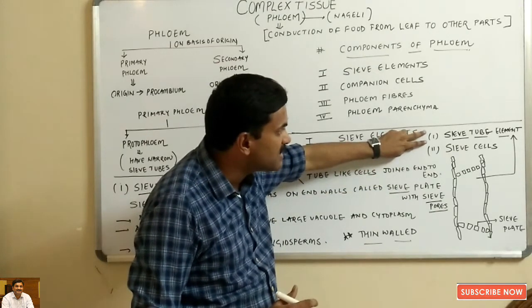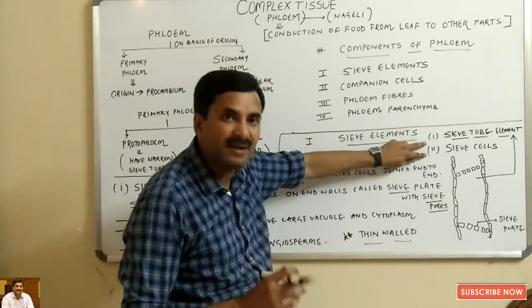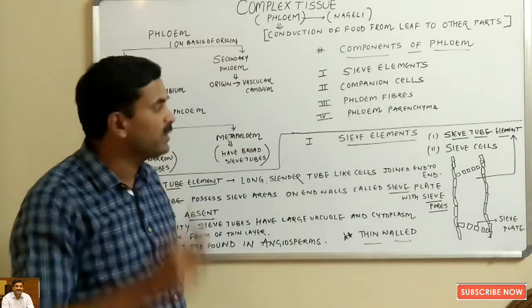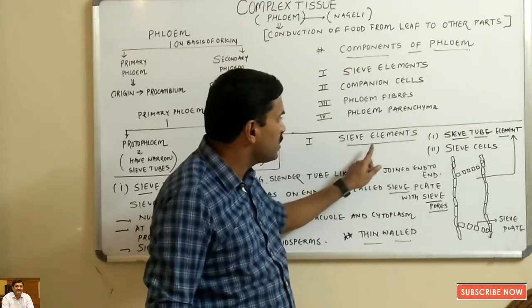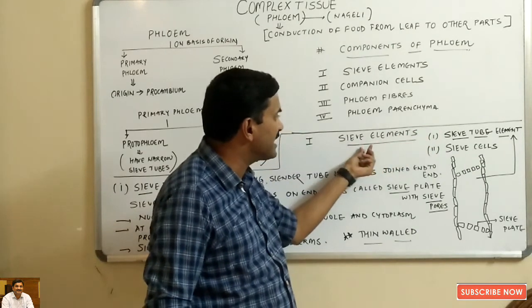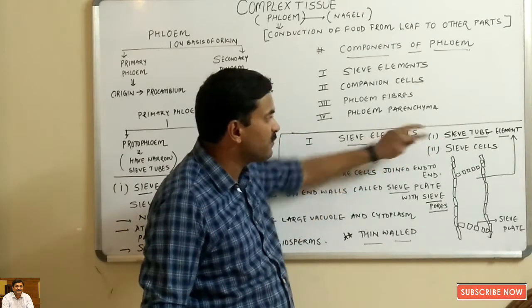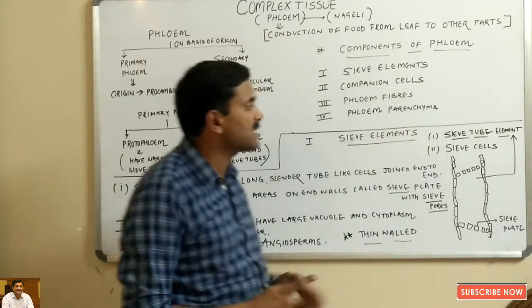One is known as the sieve tube element, and the other is known as the sieve cell. There is a slight difference between the sieve tube and the sieve cells. Both are studied under the sieve elements. First I will discuss the sieve tube element, and then the sieve cell.